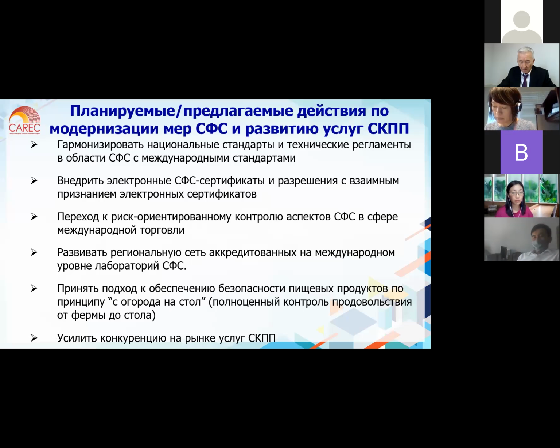Just as an example, over the period from January through August, the share of Kazakhstan in exports to Uzbekistan of fresh products from Uzbekistan has reached 29%.